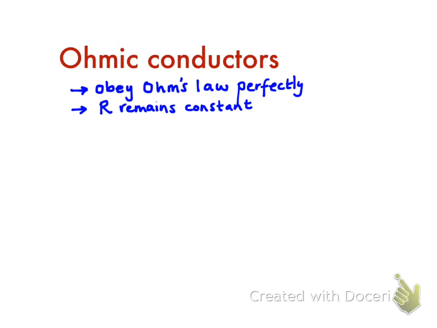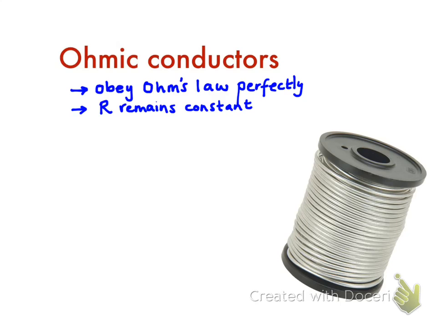As V increases, so does I, and that means that because the ratio remains constant, the resistance of that particular conductor remains constant. Nichrome wire is a good example of an ohmic conductor that obeys Ohm's law perfectly.